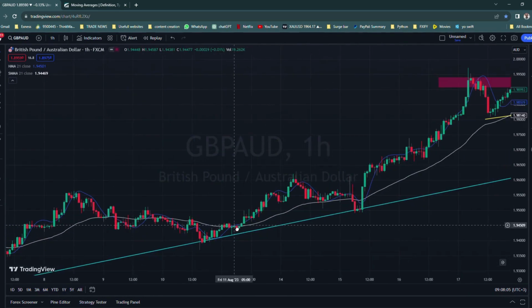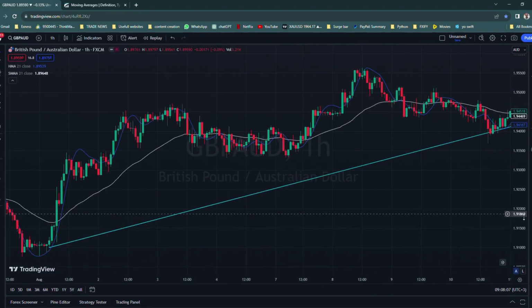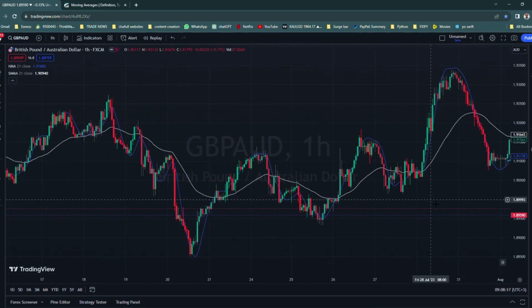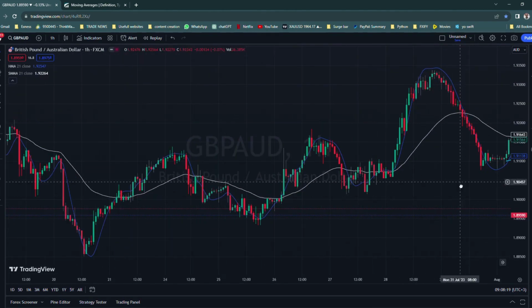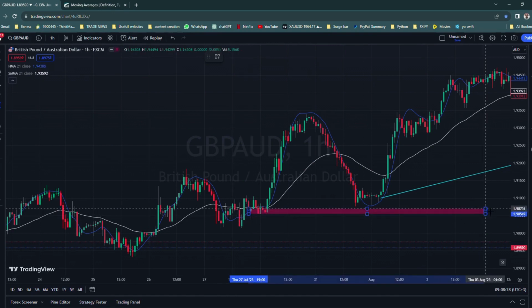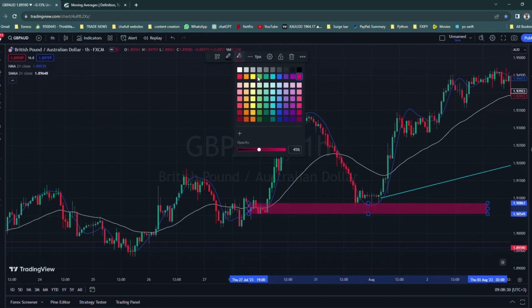Double confirmation here. Where is the double confirmation? Double confirmation right here. So we have a demand right there.